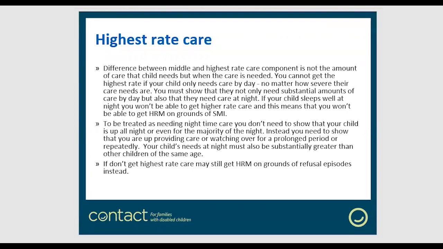Generally speaking, the DLA unit would usually treat nighttime as starting around 11 o'clock at night and finishing around 6:30 or 7 in the morning. So if you've got a child who needs care, say at 9 o'clock at night when you're trying to settle them down to sleep, unfortunately, that's not going to be treated as part of their nighttime needs. That's going to be seen as part of the daytime instead.